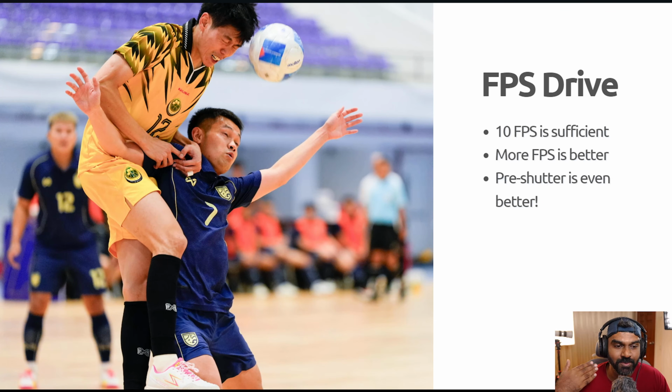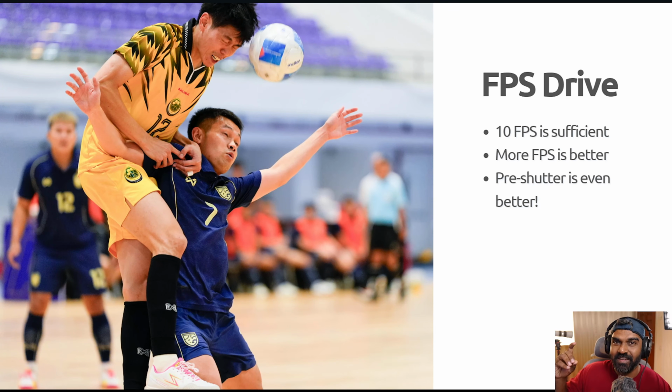Let me also tell the other side of the equation. If you have a camera like the A1 Mark II or A9 III, those have pre-shutter shots. You can turn on the pre-shutter, click instantly, and like 30 frames are recorded.